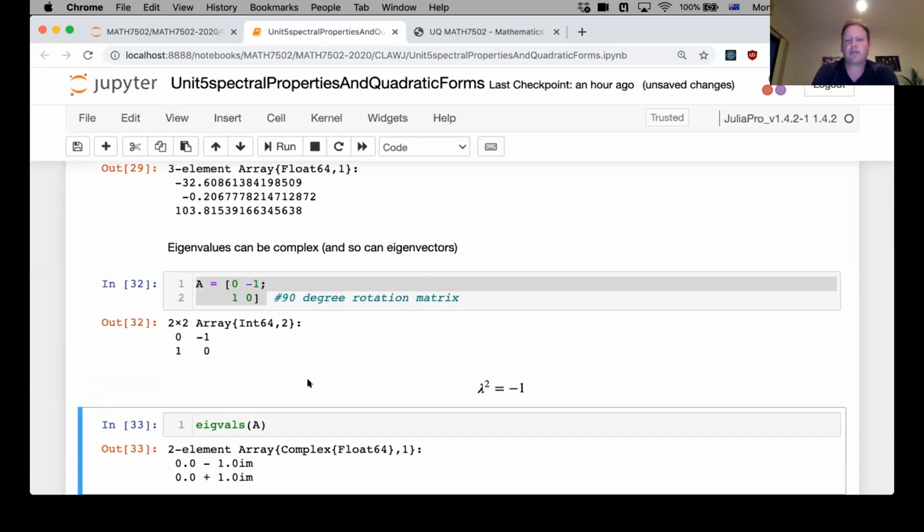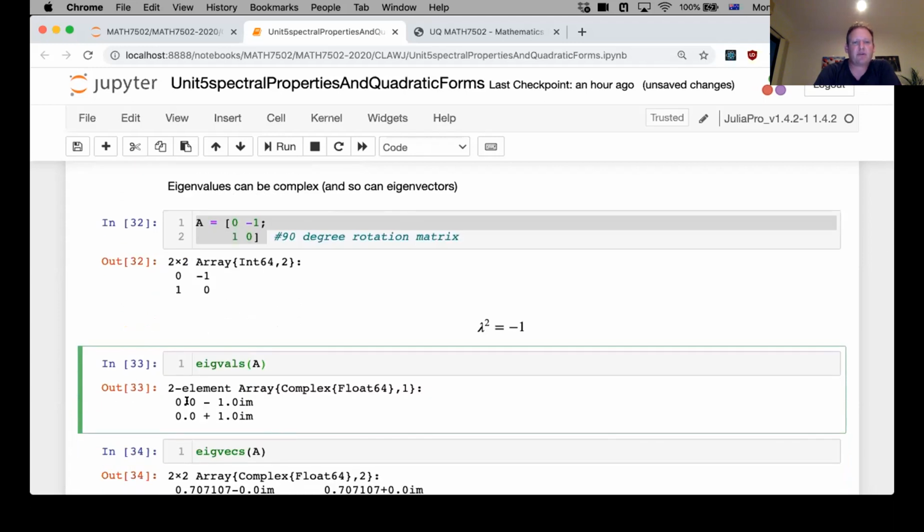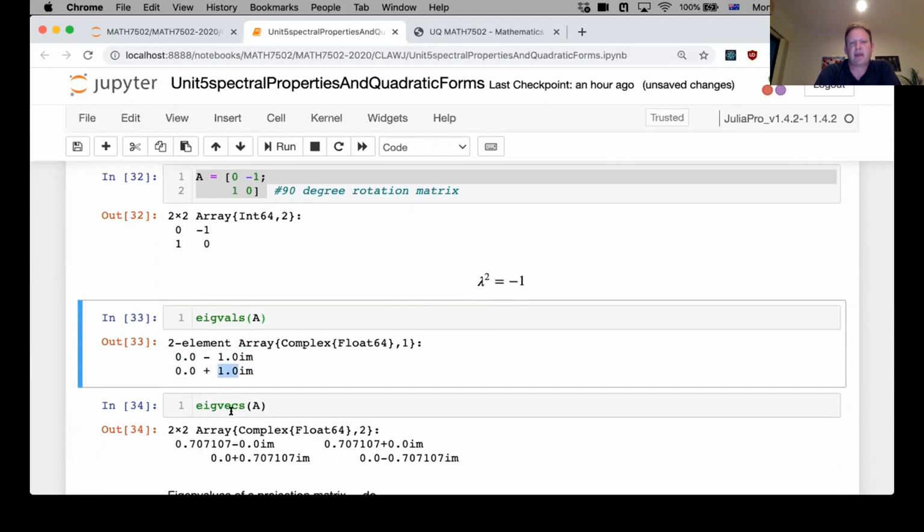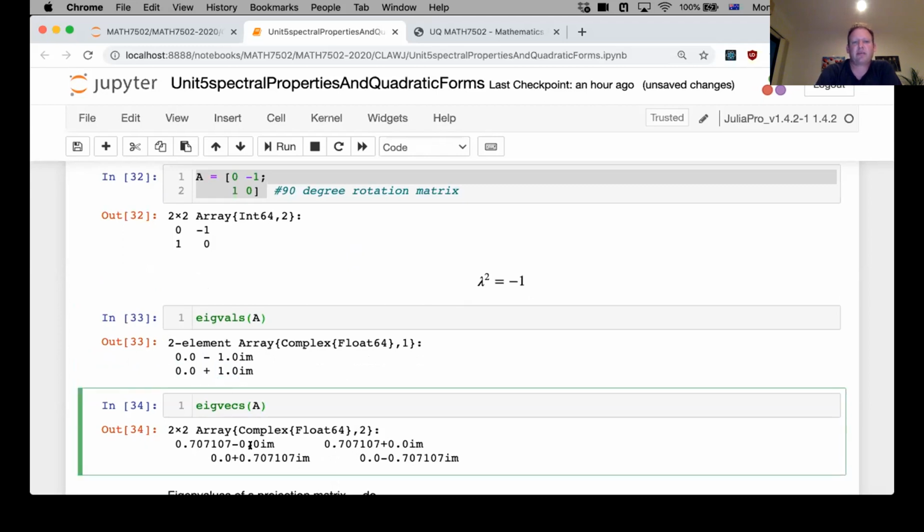So i is one of them. So let's see. i times i is -1 by definition. And what's another solution? -i. So if I do eigenvalue, that's what I get. I get the two complex numbers, you see, with 0 as a real component, -i and +i. Okay. And the eigenvectors happen to be these complex numbers as well.